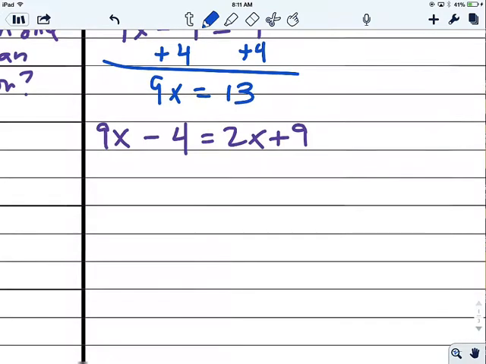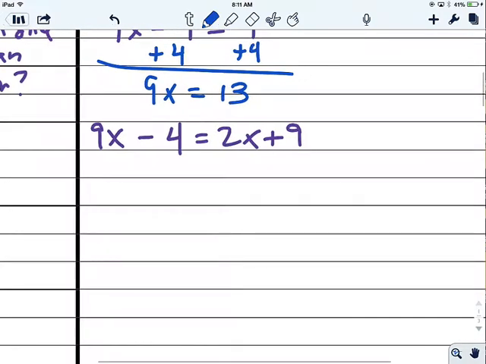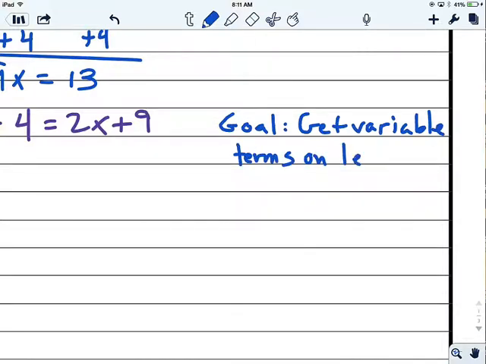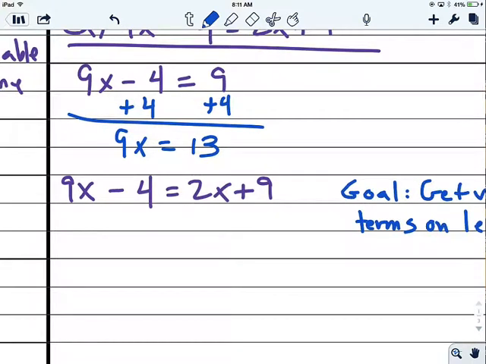I want to get all of my variable terms on the left. So let's say that I'm going to make my goal: get variable terms on left. So I want to get rid of this positive 2x because it's on the right side and I don't want any variable terms over there.